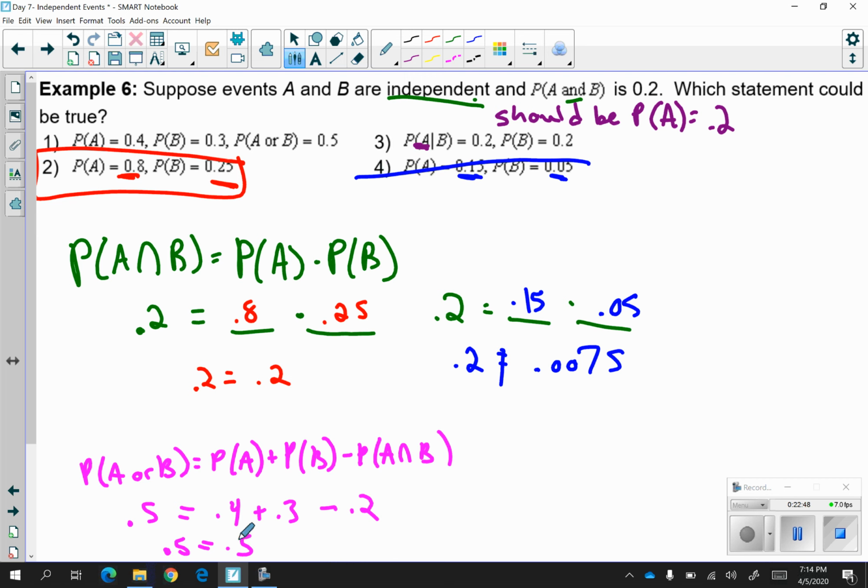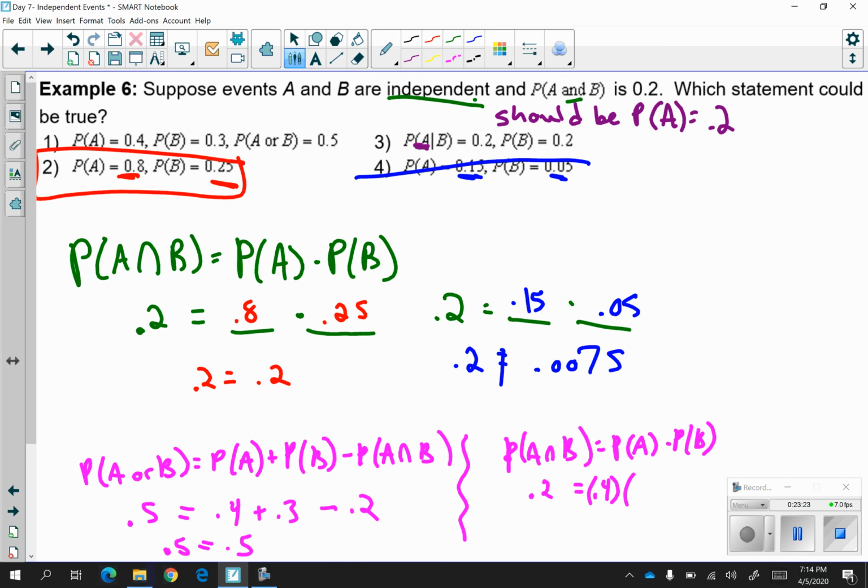But the problem did say that they're independent. So if you actually use the independence test for this, the probability of A and B is equal to the probability of A times the probability of B. The probability of A and B is 0.2. The probability of A here is 0.4.